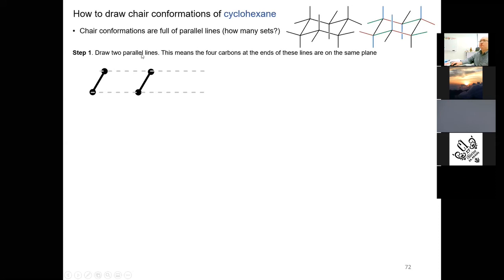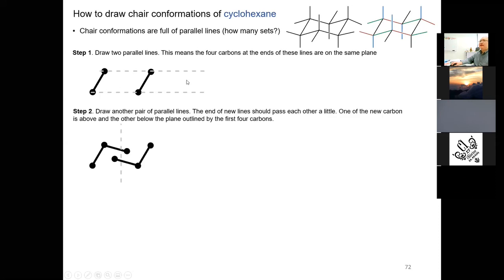So you first draw two lines like this, and then you draw another pair of lines, parallel to each other. This time, just notice that one of the new carbons is above, and the other carbon is below the plane. You need to draw this carbon and this carbon so that they pass each other a little bit.